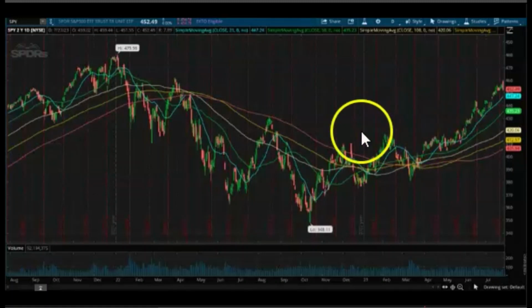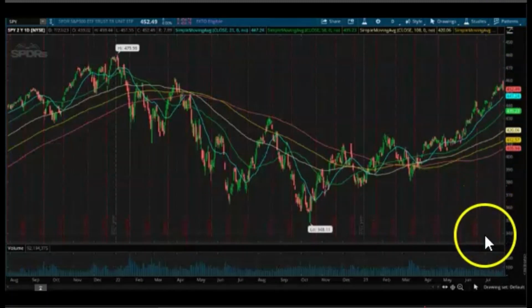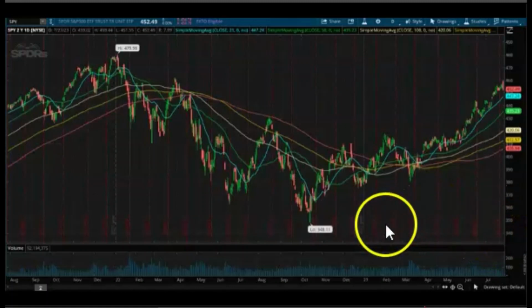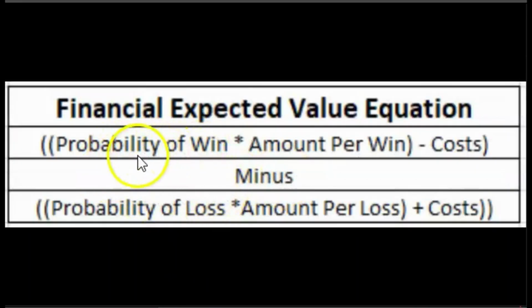So for instance, say this similar setup was said to have occurred maybe 100 times in the past, and 70% of the time the price went up and onto all-time highs, and maybe 30% of the time the price came down and took out this low. So as far as this equation is concerned, you would use 70% chance of a loss, of it going up and stopping you out, and 30% chance of a win, where it would come down and limit you out for a win.